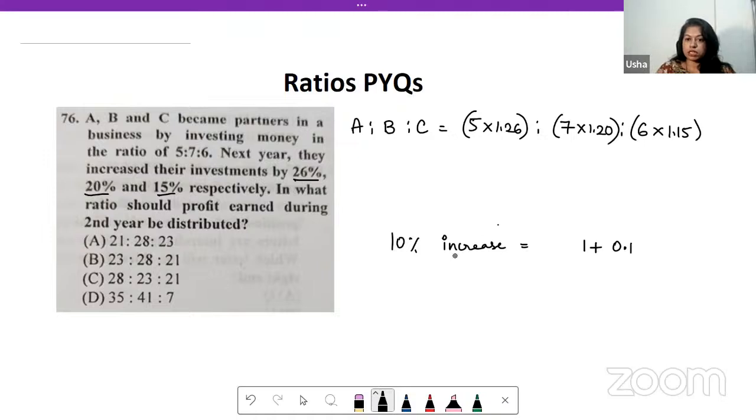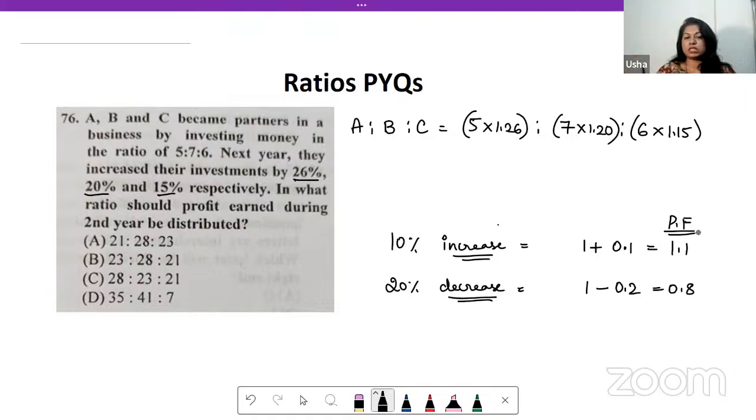Add it to 1 because there is an increase, which gives you 1.1. Suppose there is a 20% decrease, then 20% converted to decimal is 0.2. And since there is a decrease, subtract this from 1, which gives you 0.8. So this is the percentage factor.